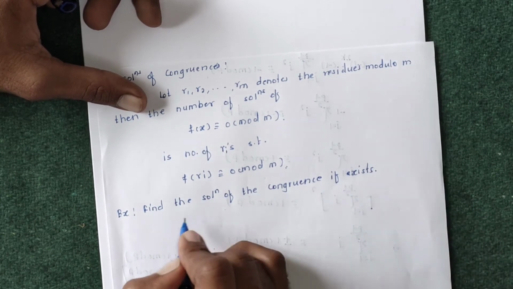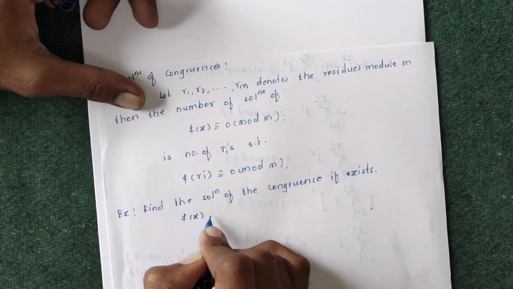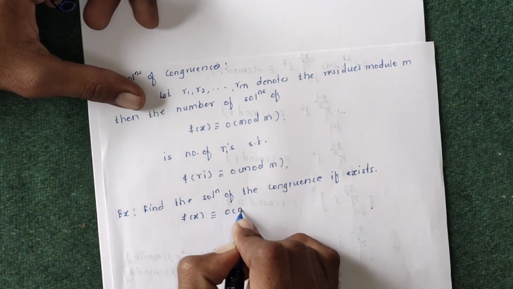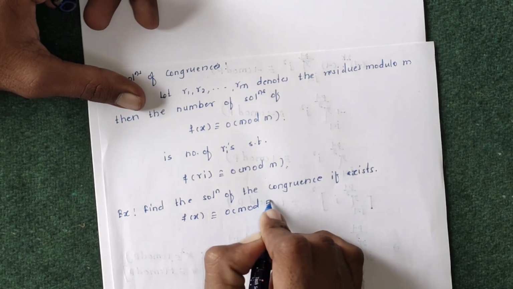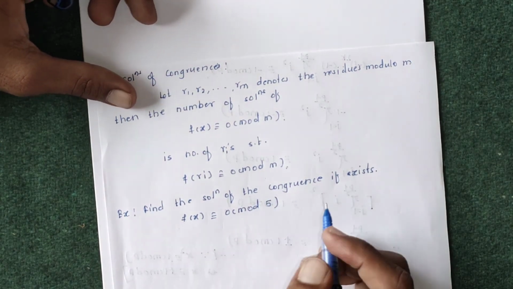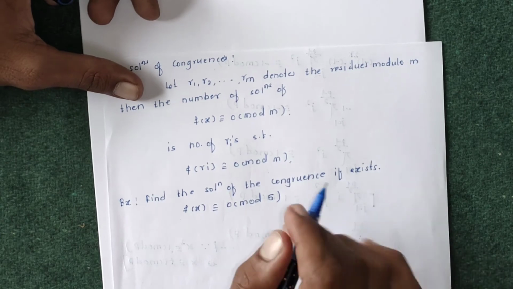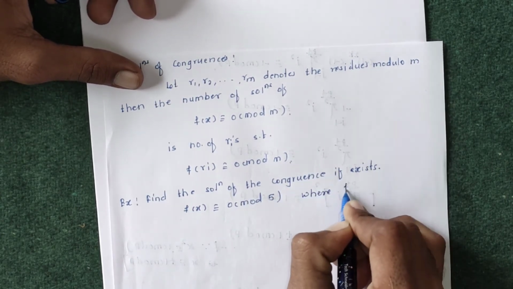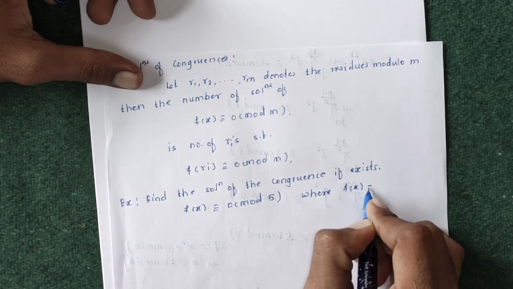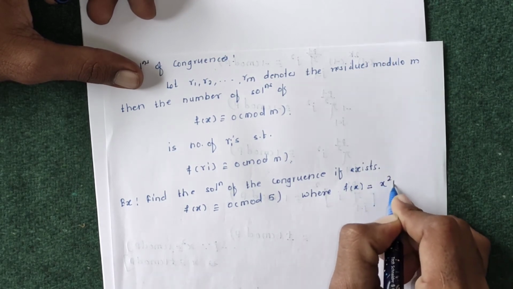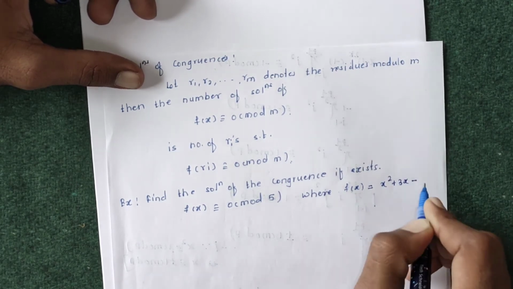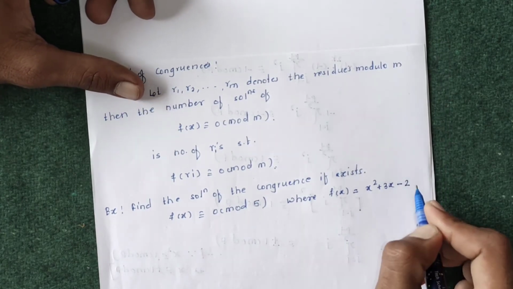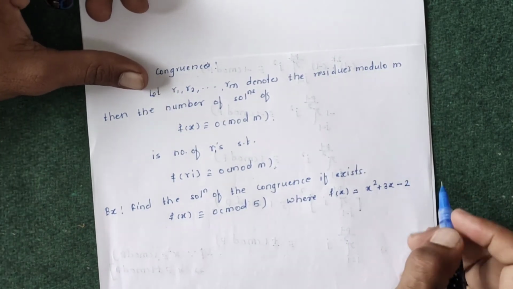The congruence is f of x is congruent to 0 modulo 5, where f of x equals x square plus 3x minus 2.